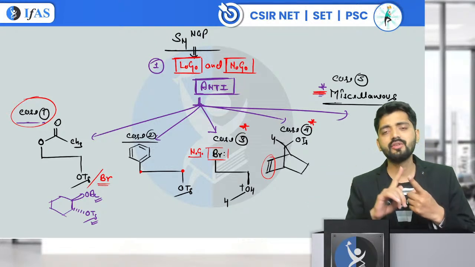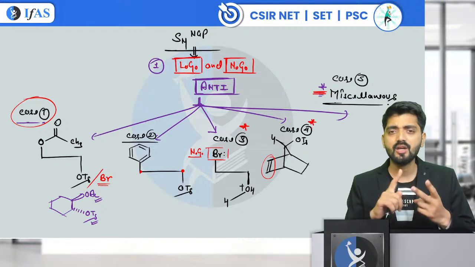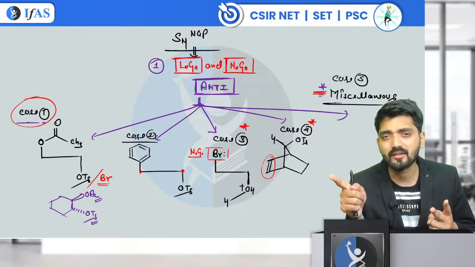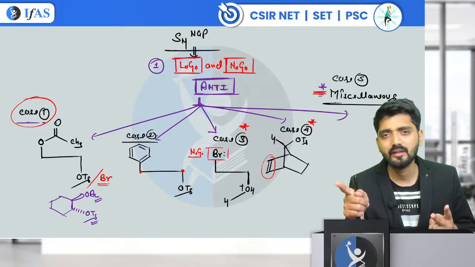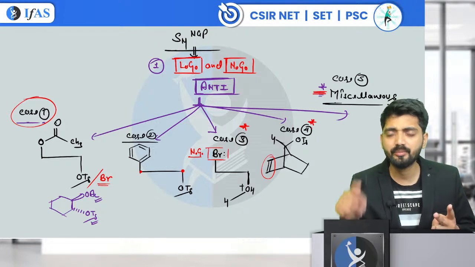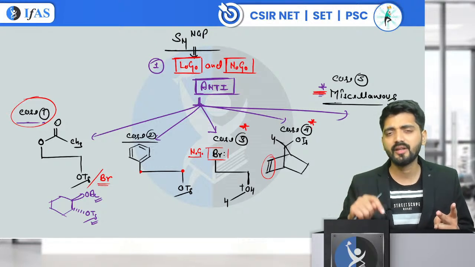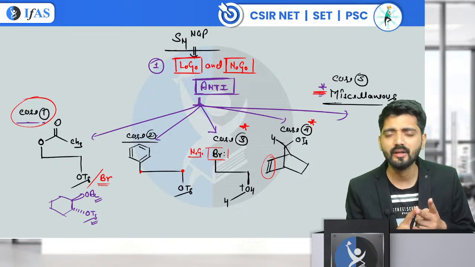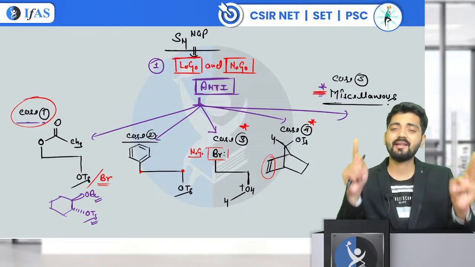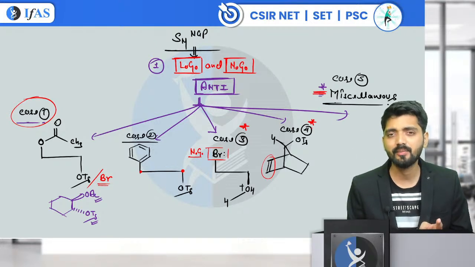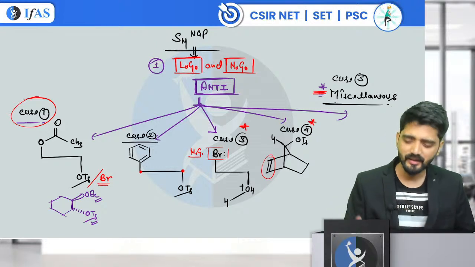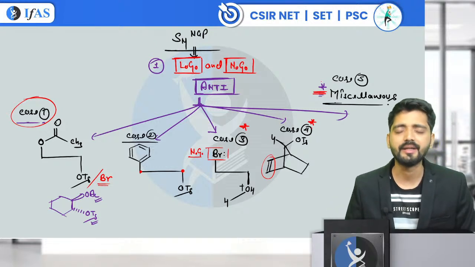For example, we need to study sigma bond NGP. We need to study that OMe case, what we have just seen, that the rate of reaction at the beta center was very slow, but at the delta center it was very fast. Then larger cyclic rings where NGP can take place, that we will study. So this miscellaneous part will be further bifurcated.